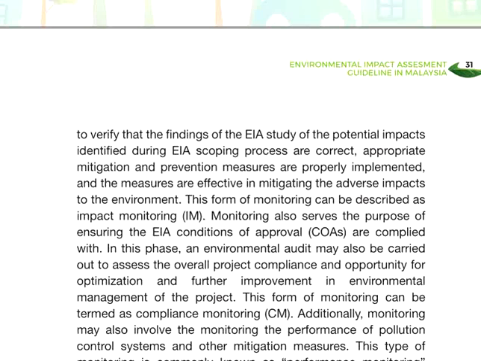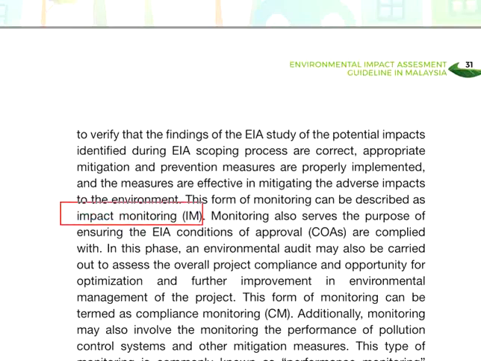EIA study provide the information and conditions of the environment before and after the development. The potential impacts are identified from the perspective of the project proponent, and mitigation measures are also proposed, also from the perspective of the project proponent.